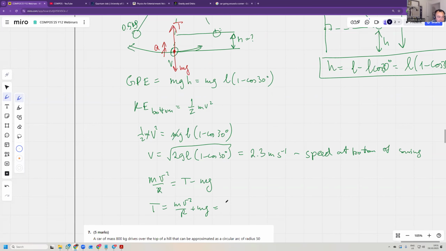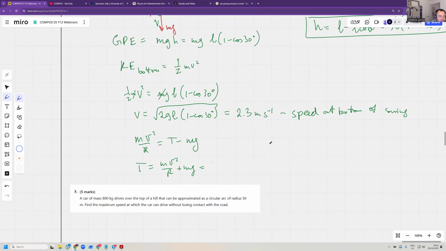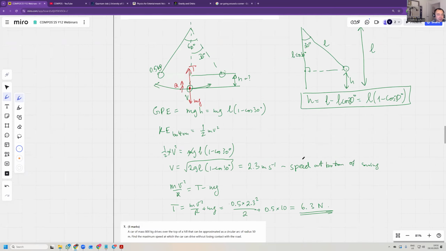It's equal to 0.5 times 2.3 squared divided by 2 plus 0.5 times 10, which is 0.5 times 2.3 squared divided by 2 plus 5, which is 6.3 newtons. A very reasonable force.